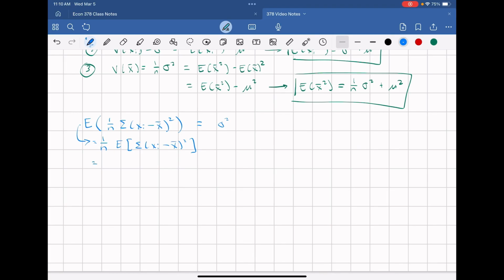Well, I can then FOIL out that quadratic. So 1 over n, expected value of the summation of xi squared minus 2 x bar xi plus x bar squared.